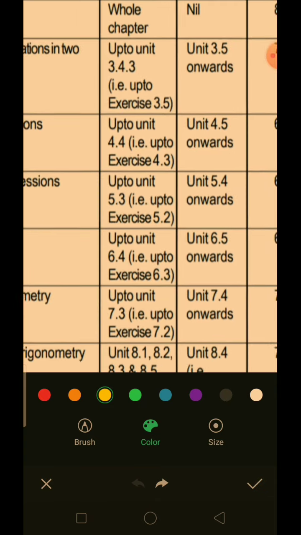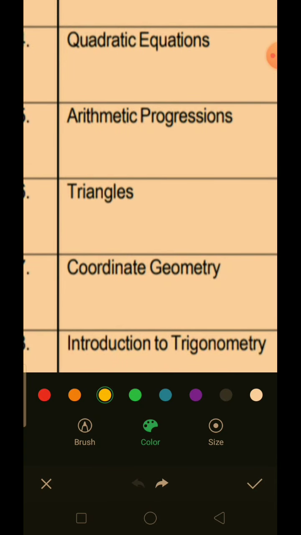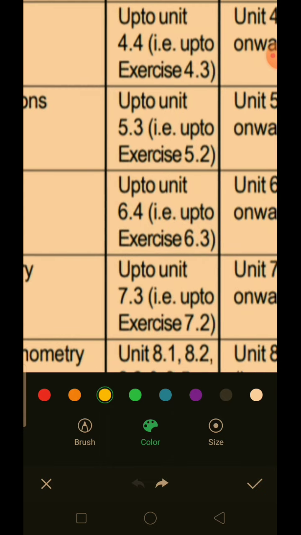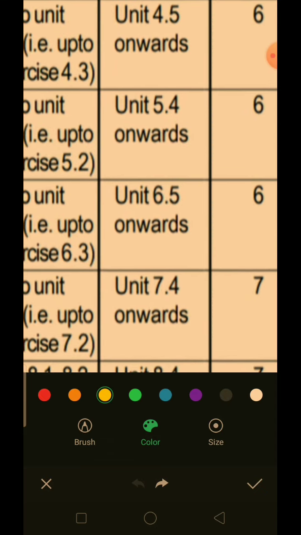Then moving on again, after arithmetic progression, we have triangles. It is rather a very vast chapter, and it has been suggested that you study only up to unit 6.4, including everything within that, and your exercises would be only up to exercise 6.3, which means that anything beyond that is not needed.